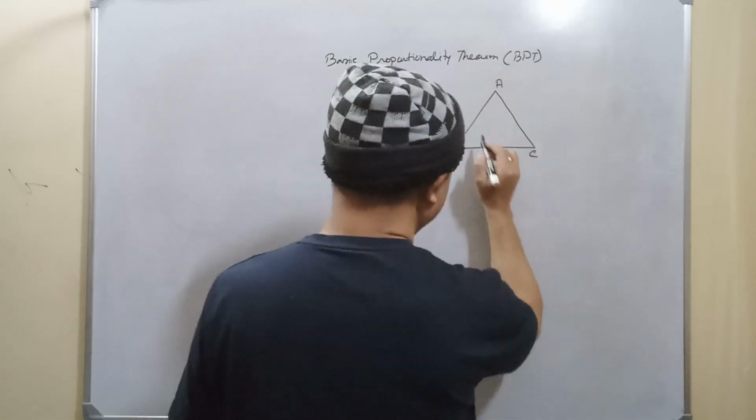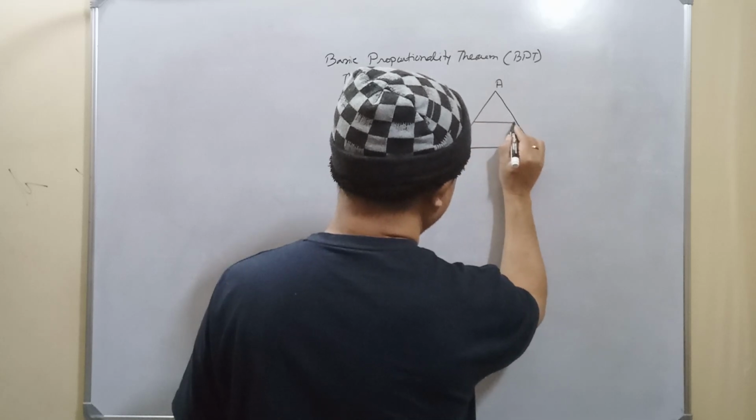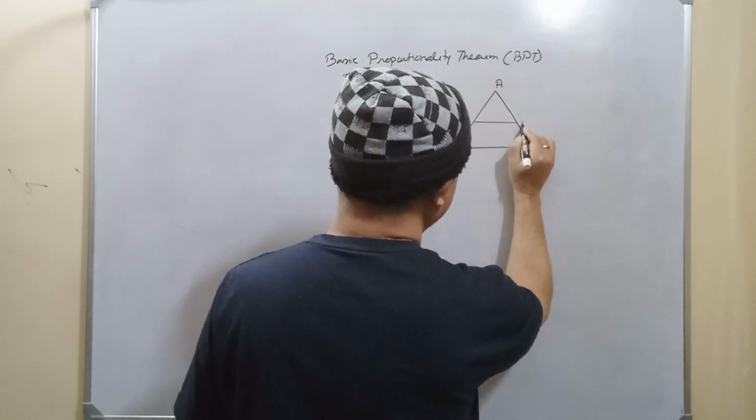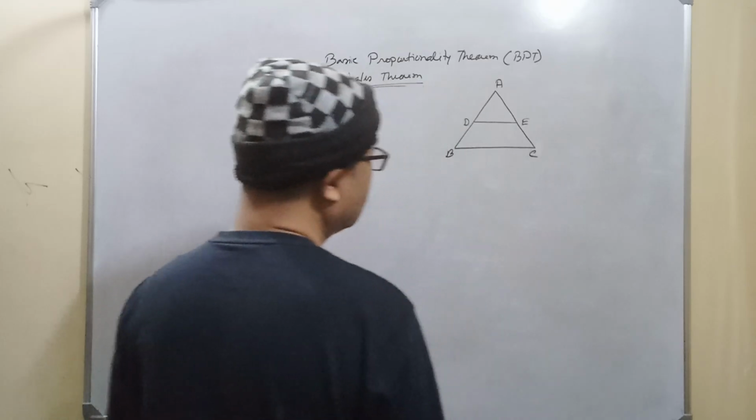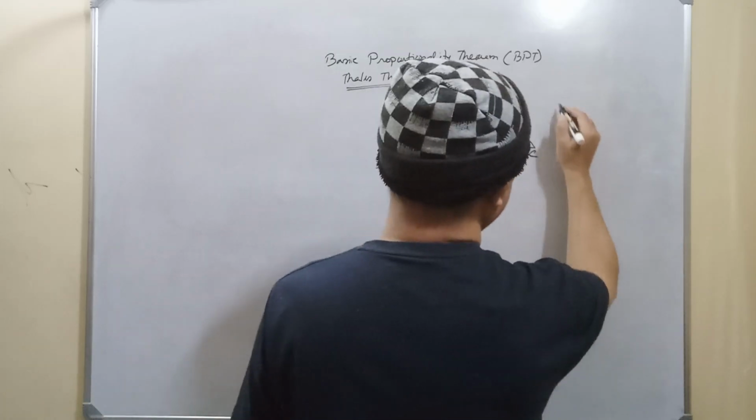ABC is a triangle and DE is a line which is drawn parallel to BC.